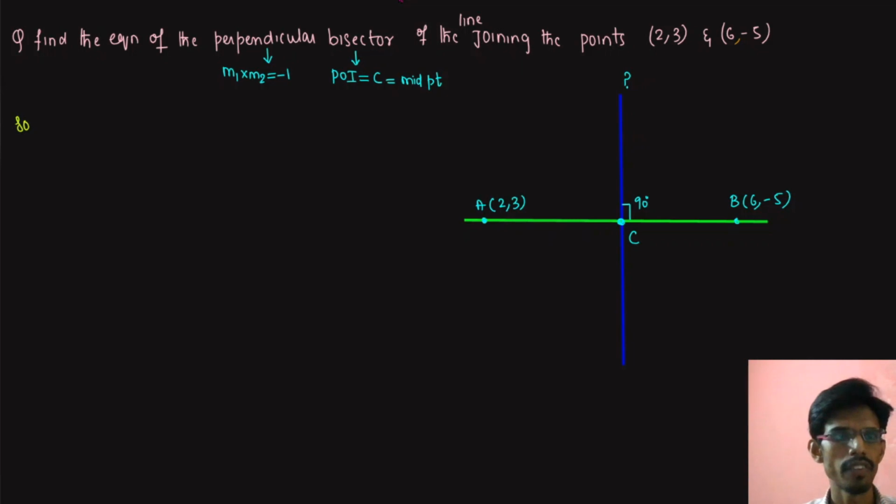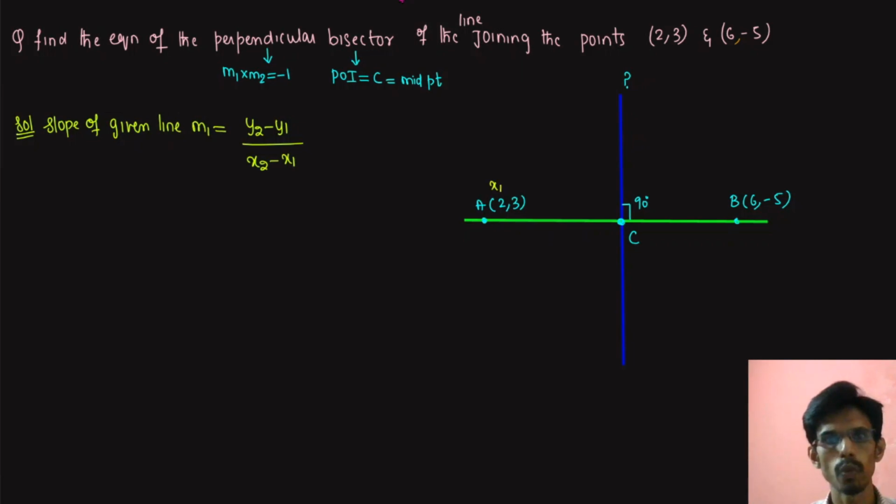Now, first I will find the slope of the given line, let us take it as m1. m1 is (y2 - y1)/(x2 - x1).